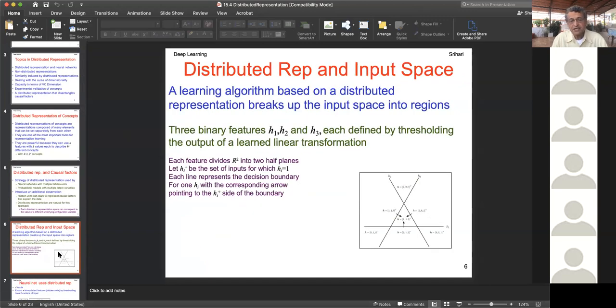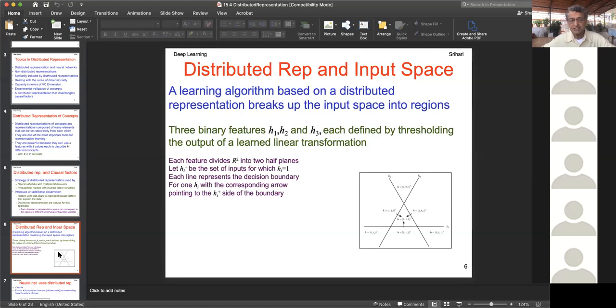All right, let's see how a distributed representation divides up an input space. A distributed representation essentially breaks up the input space into regions. So this is a simple example. Supposing we had three hidden units, H1, H2, and H3, and each of them is binary. So given an input, H1, H2, and H3 fire, and each fires into 0 or 1.